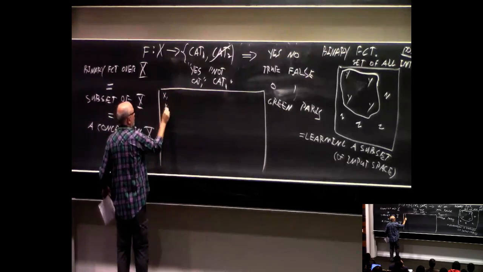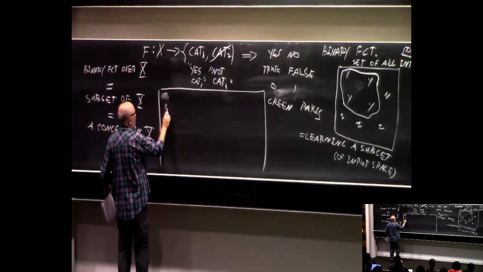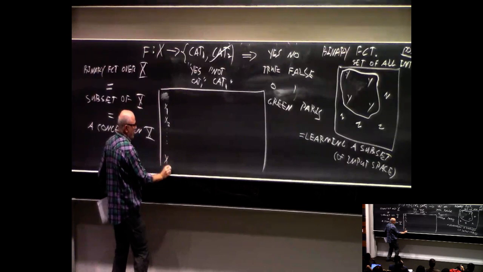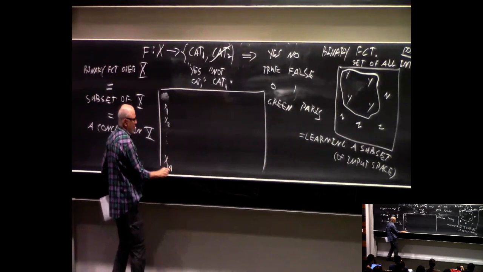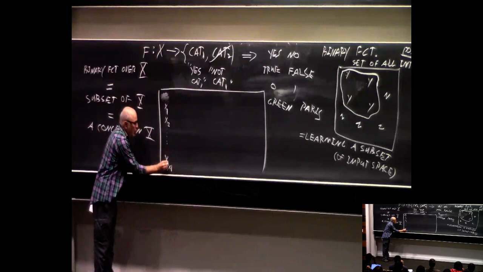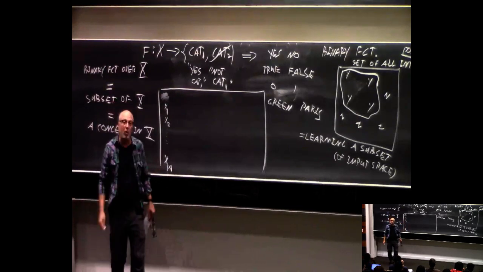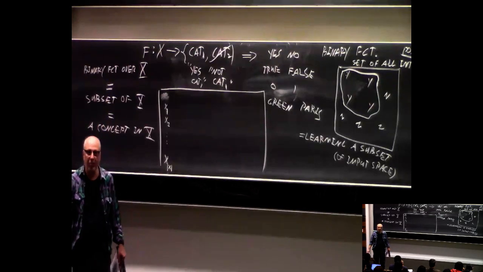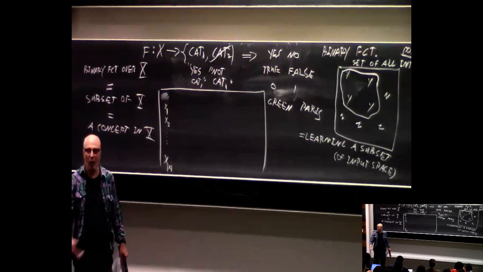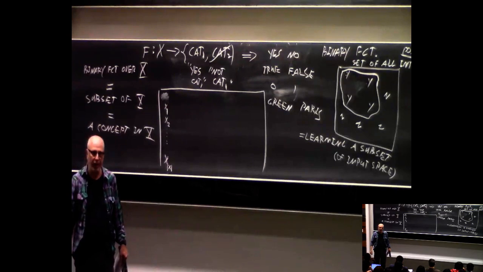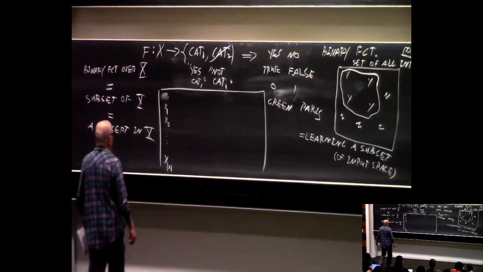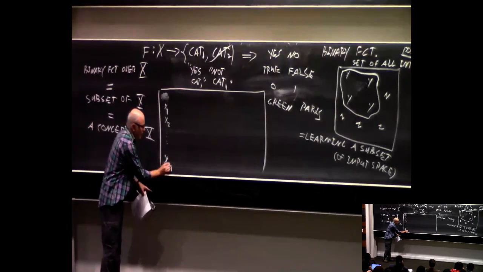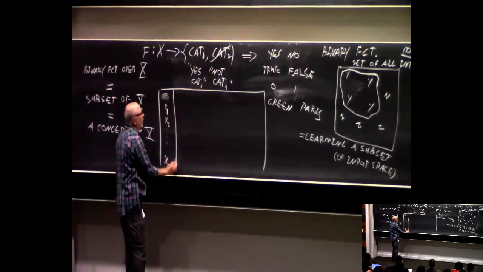X1, X2, all the way to X with the last index being big X with bars, the size of X. Okay? So this is an enumeration of all possible inputs, not only the inputs I happen to see, not only the inputs in my training data or my test data, all possible inputs, each one represented exactly once. Okay? This is the input space. How many are there? As many as the size of big X. This is big X.